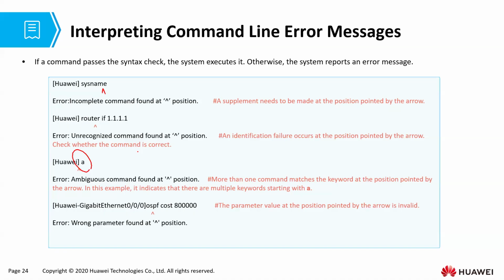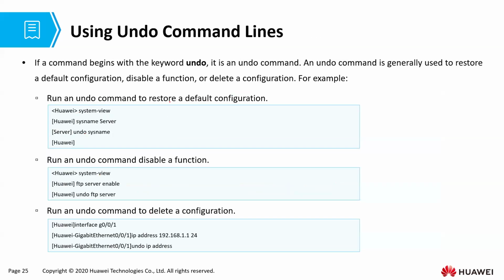Basically, my error messages can indicate a wrong command or a command in the wrong view. Then you have to be able to analyze with respect to the positions where exactly the error is. So the system helps you find where your error is, basically.